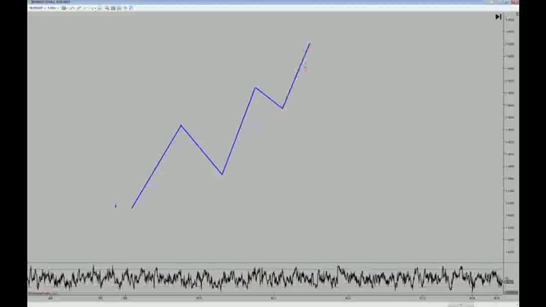Now the next thing we want to talk about is structure. What are structure levels? You guys should know structure as support and resistance. Every time the market creates a new structure high and an outside return, we're creating a level of structure.